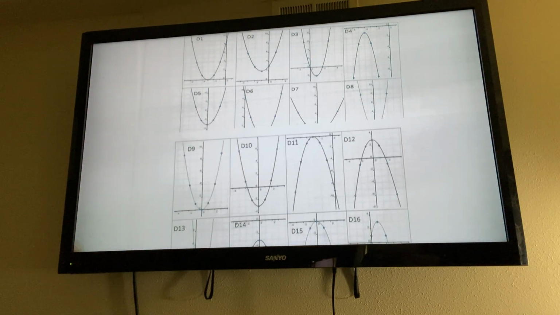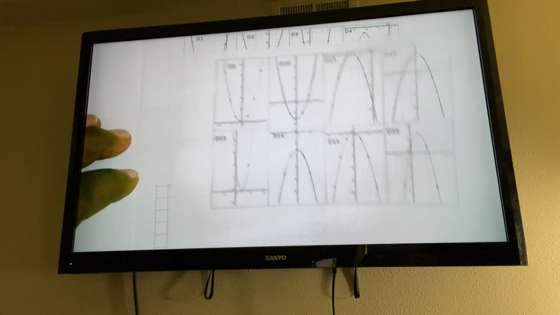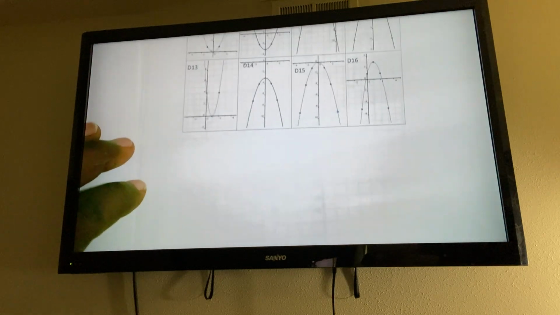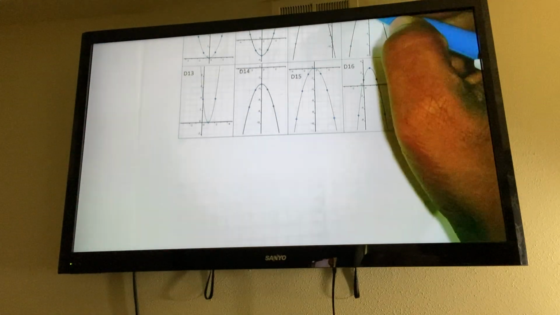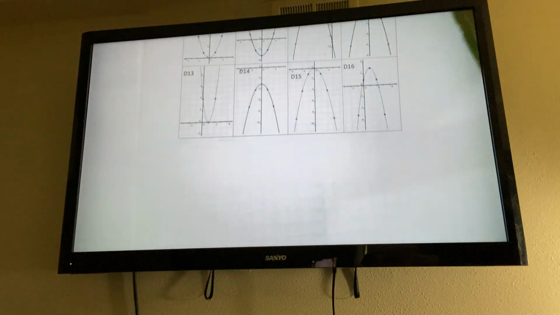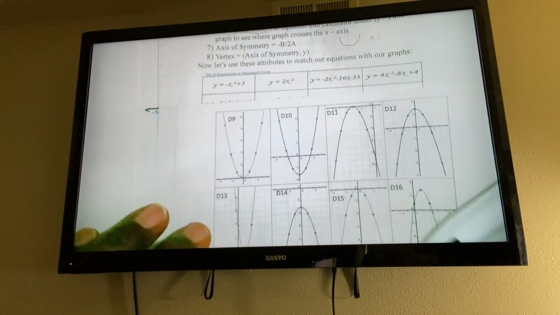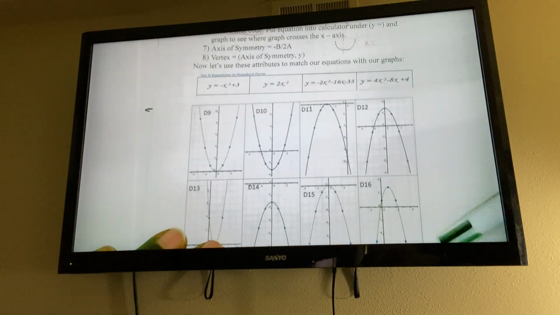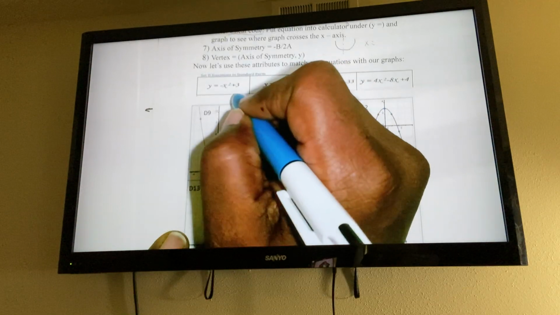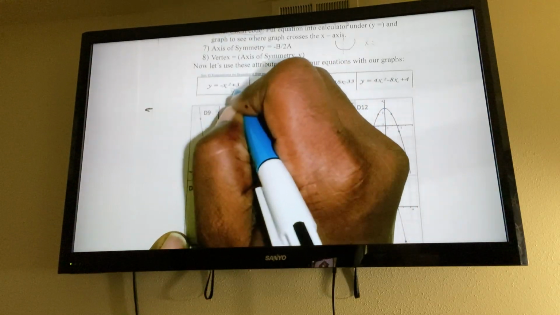Okay, do we see our graph on this page? Yes, we do. So we see the answer to number 1 is D12.